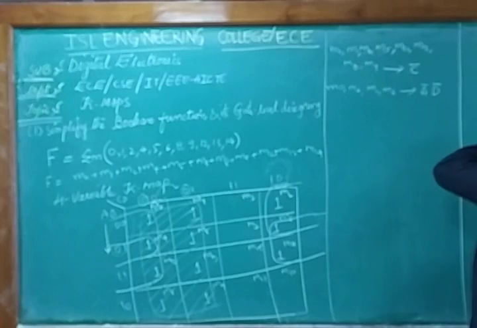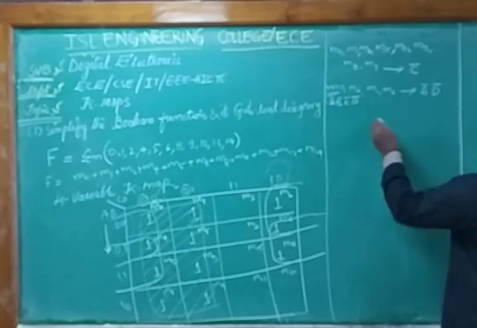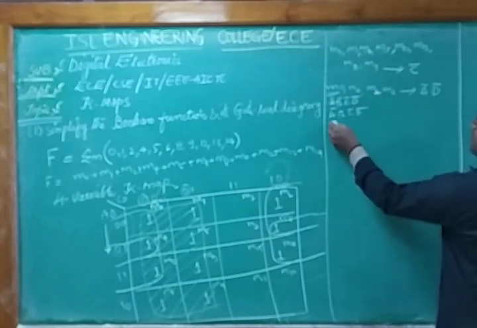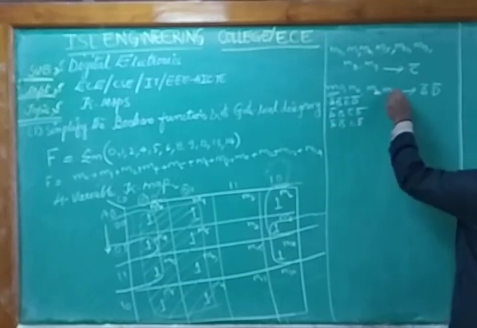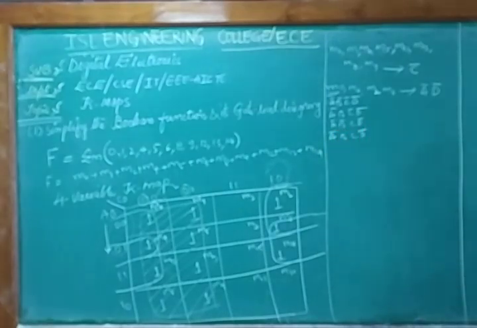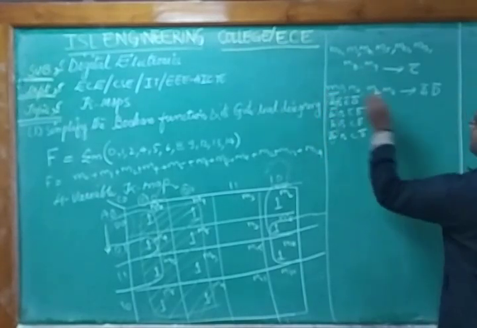Or another way, as we have seen: M0 means A bar, B bar, C bar and D bar. M4 means A bar, B, C bar and D bar. M2 means A bar, B bar, C and D bar. M6 means A bar, B, C and D bar. So as you can see, A bar is common in all, so we have taken A bar.